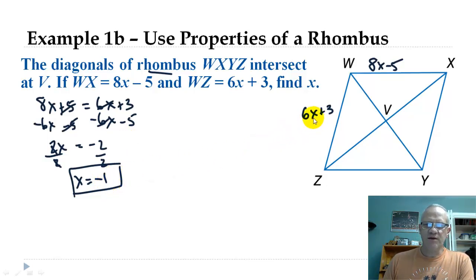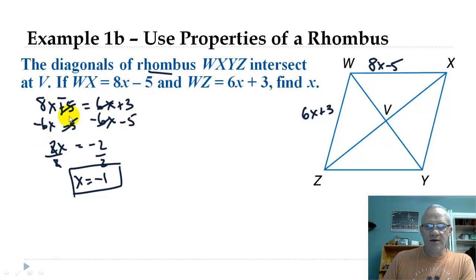And when I plugged negative 1 in to double check this, these numbers come out to be negative. That's not good. We can't have distance that's negative. So what I noticed was when I went to set up my equation, what did I do? The equation here is 8x minus 5 and 6x plus 3. What did I write in my equation? 8x plus 5. So I messed that up when I recopied that down.